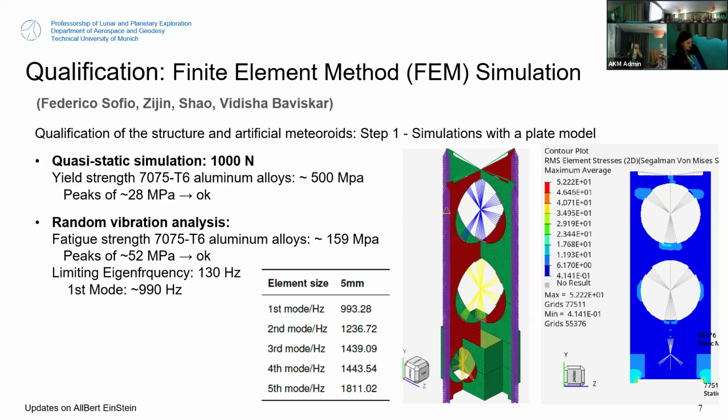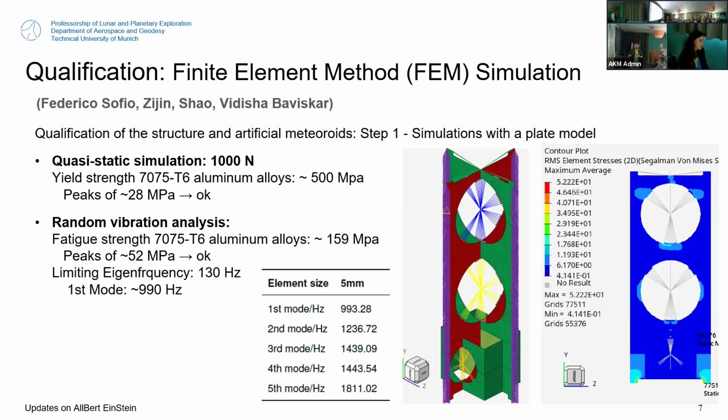And for those, you get really pretty pictures all the time with nice colors. I think this one is for the random vibration analysis. So we see here at those edges, we get some peaks. But I talked to a colleague of mine who's really an expert in this, and he said that's an artifact from the simulation, so we don't have to worry.